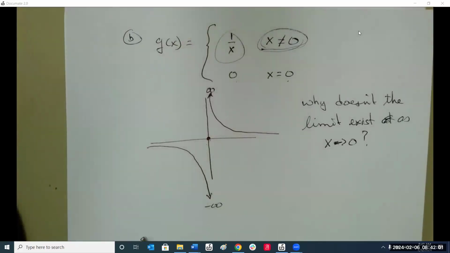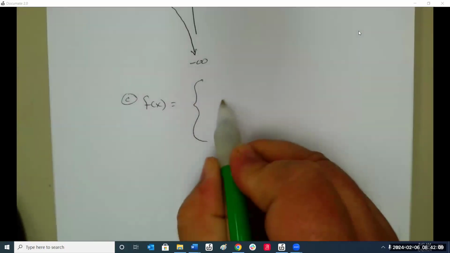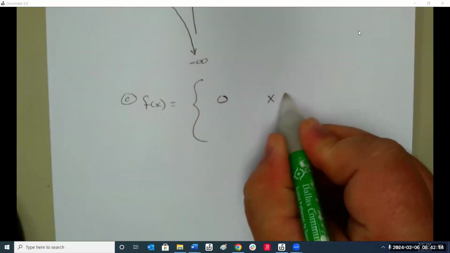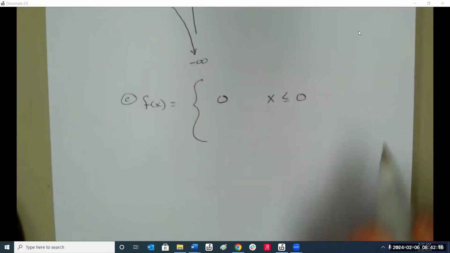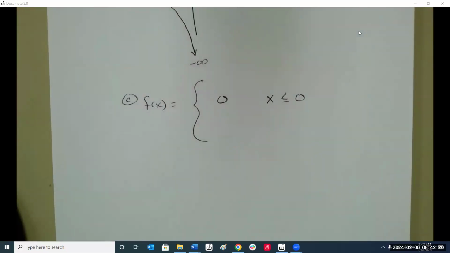Example C. F of x is zero. Oops, that should be whenever x is less than or equal to zero. Gotta fix that one too.